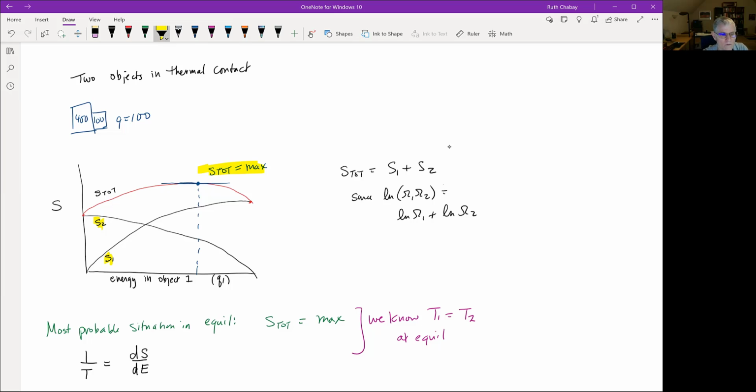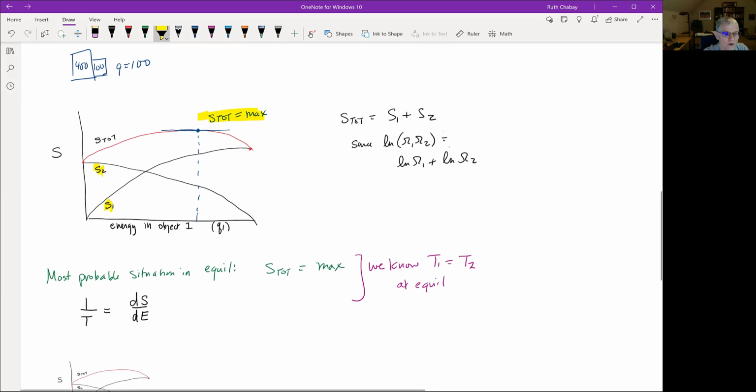And from noting that, since it's a maximum, dS/dE is 0 there. From that, we were able to deduce that the definition of temperature is that 1 over the temperature is the rate of change of the entropy of a system.